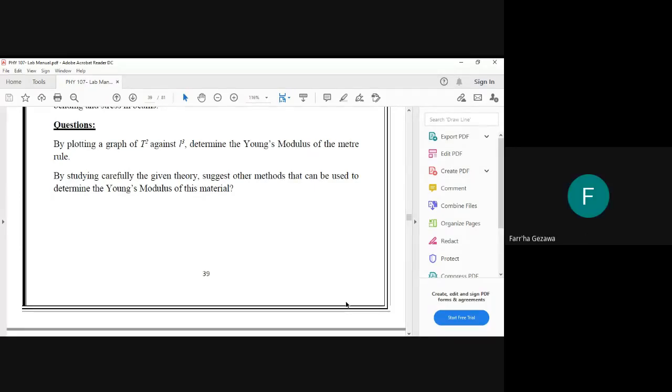Can you read the first question? By plotting a graph of T2 against L3, determine the Young's modulus of the meter rule. Okay, we're plotting a graph of T squared against L cubed. So what do you understand by T?